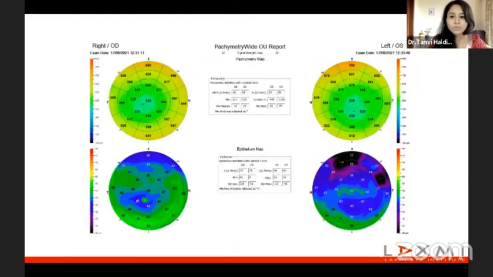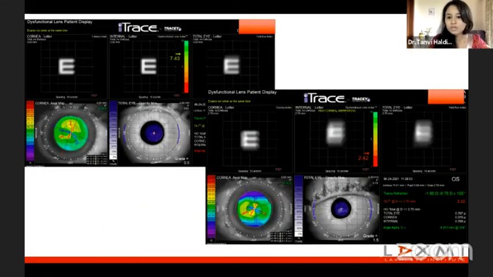And to our shock, this was her epithelial map: severely thinned out epithelium showing an irregular pattern. This gave rise to an irregular topography, resulting in an irregular astigmatism. This is also to show that in the left eye, not only had she come for cataract, her left eye did have enough cataract, but the cornea is also showing a very poor image quality. So even though we may correct her cataract, she may still have poor vision because of her cornea.